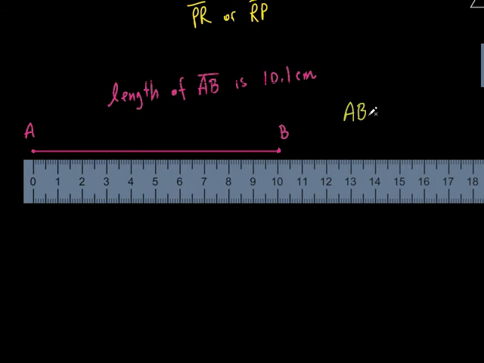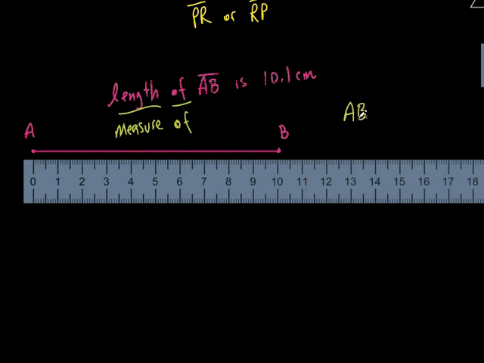If it just says AB and there's no line segment or no line or anything on the top of it, that means the length of, or sometimes the book will say the measure of that line segment. Okay, it's a slight difference. It's a very subtle thing, and most people don't catch on to it until a lot later, but that's what this means.